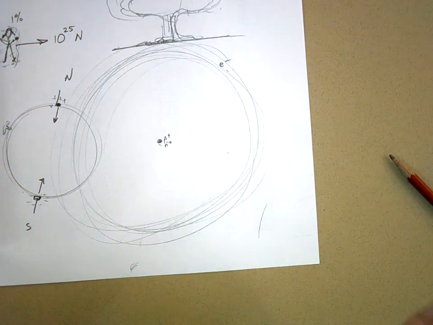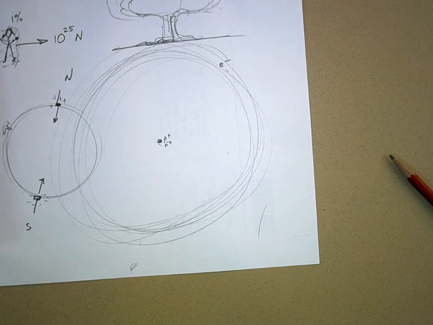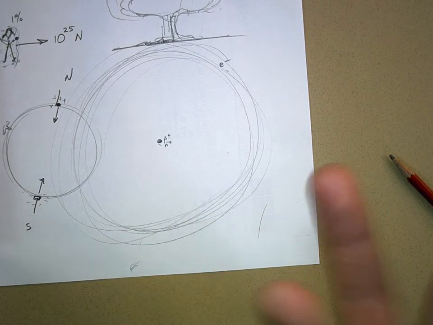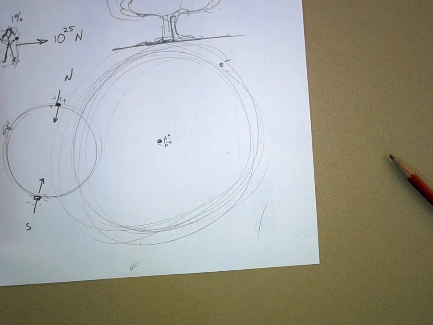Because there's so much empty space, the odds of the nuclei of the atoms actually hitting are practically zero. You should be able to just walk through walls. Or the gravity should just pull you down through the center of the earth. How come it doesn't happen?